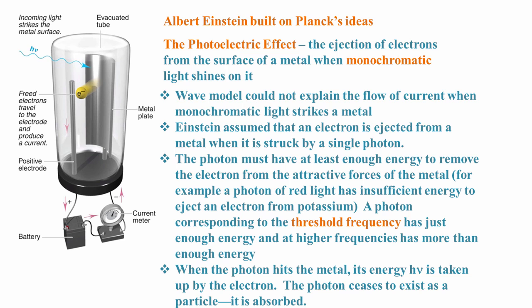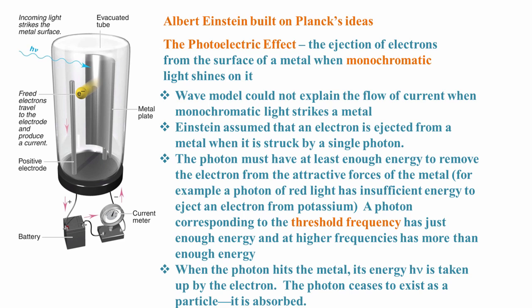So one example is a photon of red light has insufficient energy to eject an electron from potassium metal. However, violet light, which we know is more energetic than red light, will cause the potassium metal to eject electrons.